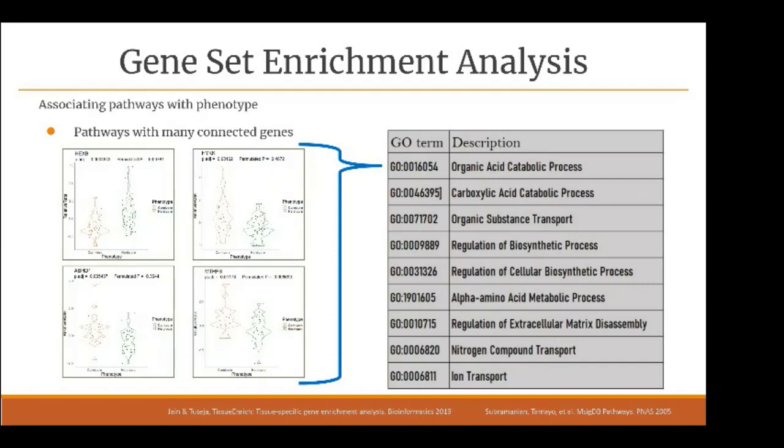So we can see if, for example, organic acid catabolic processes, if many or most of the genes in this pathway are experiencing the same selection, we can then connect selection on the pathway as a whole. So, for example, if most of the genes in this pathway are evolving slower in carnivores, we can say the pathway as a whole is evolving slower in carnivores.